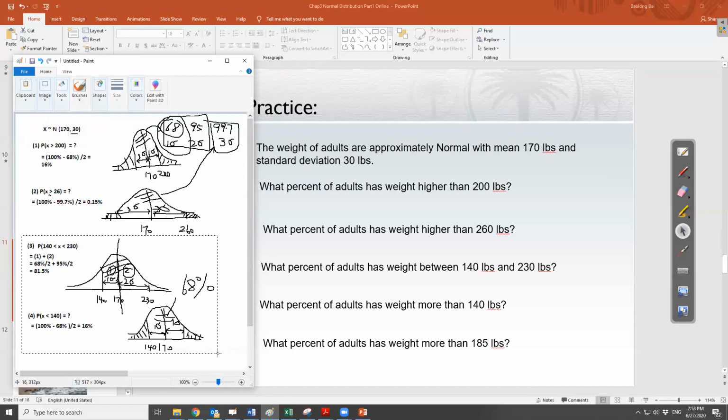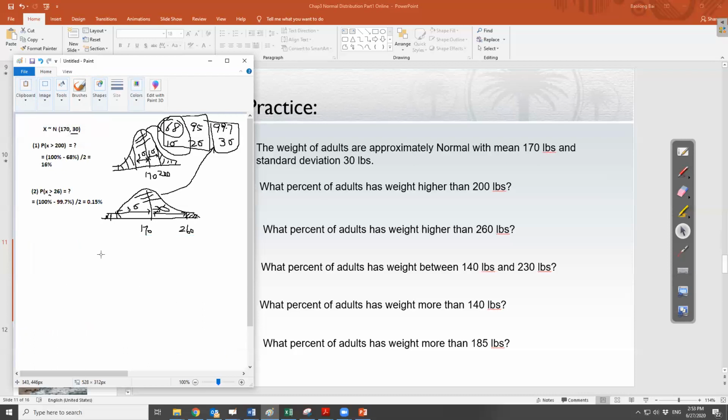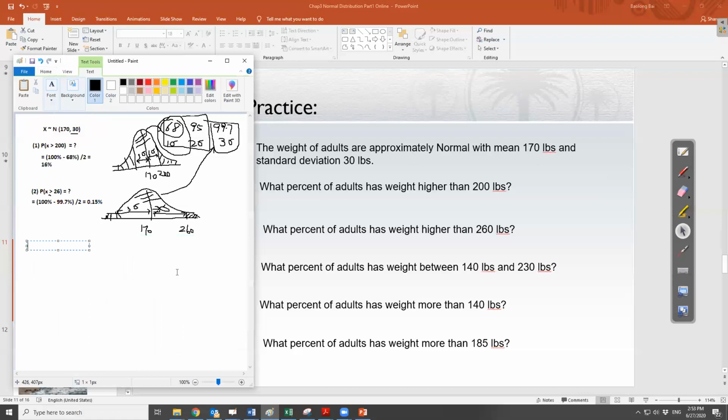All right, so now let's look at the last one. The last one, we're looking for the probability of, among student adults, what percent have weight greater than 185 pounds.